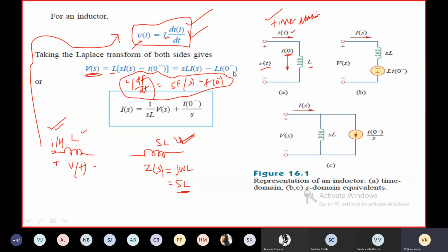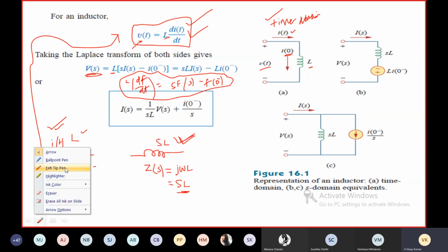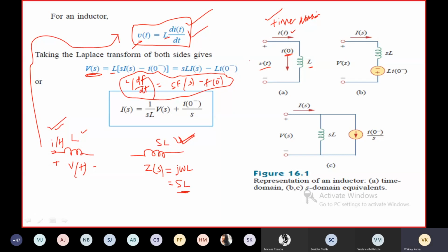Here i(0-) is the initial value. If there is an initial value, you must include that initial value in the s domain also, right? So this is the voltage across the inductor in the s domain.